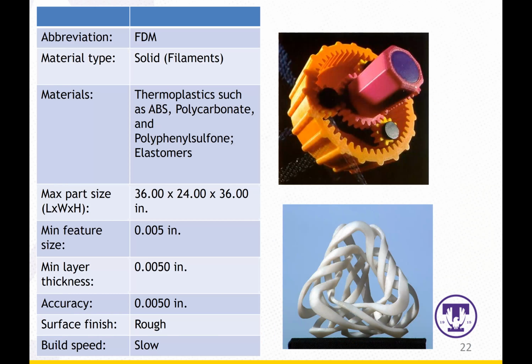But on maximum part size, that really depends. For example, at Oak Ridge, one can print a car, right? So that's a meter-level printer. But most printers can only print something like at most this, right? But the one at Oak Ridge is a totally different story. So right now for fused deposition modeling, the range is quite wide.